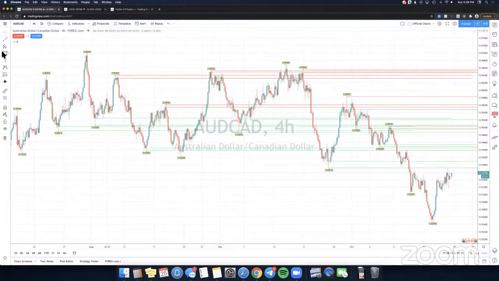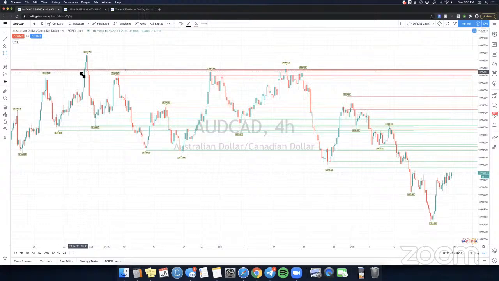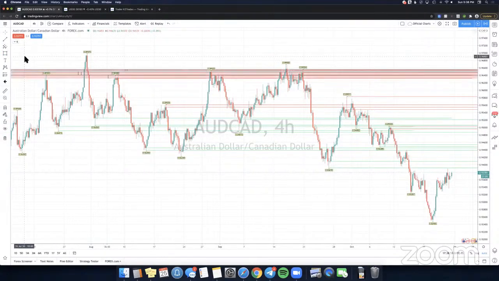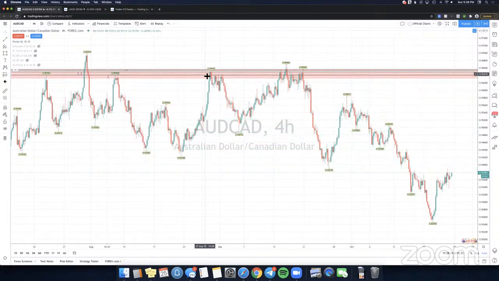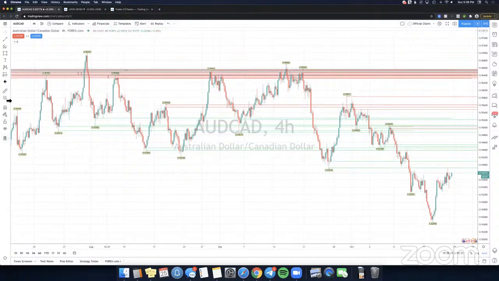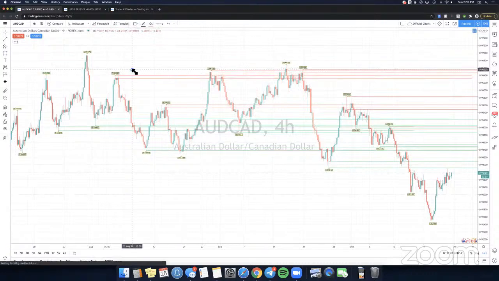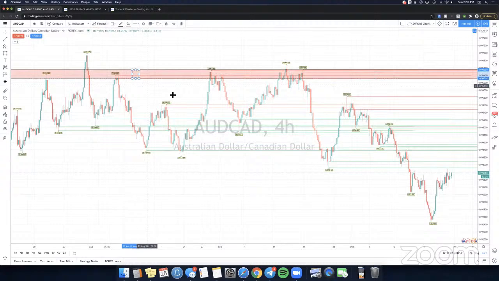Instead of drawing 3 small zones where it's kind of hard to see, like something like this, you guys can do it if you really want those small zones on the chart, but I recommend just drawing one big zone. So instead of drawing 3 zones, I just draw one big zone right here.